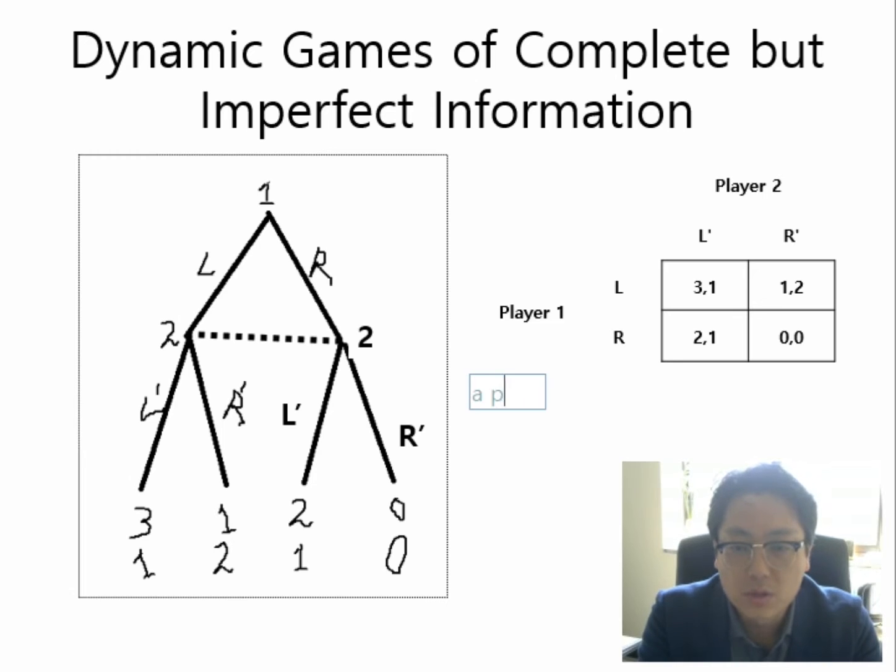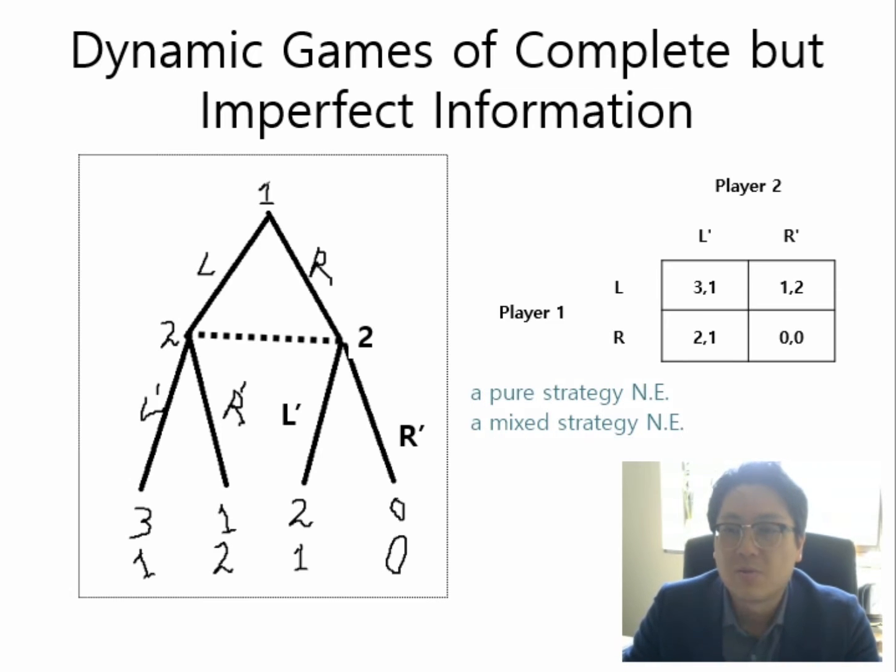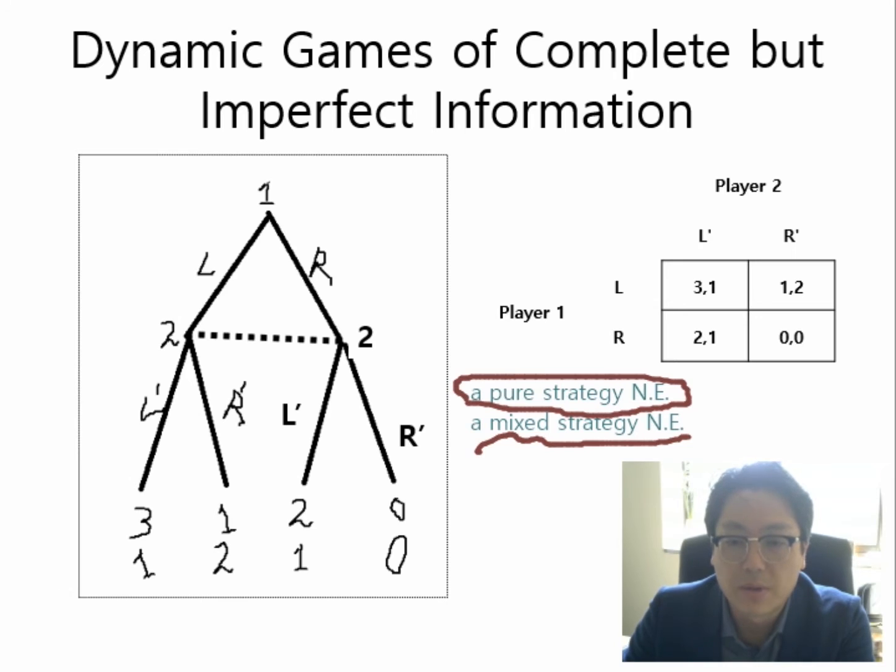One is the pure strategy Nash equilibrium, and the other one is the mixed strategy Nash equilibrium, right? But usually we are focusing on just the pure strategy Nash equilibrium. If we consider a mixed strategy Nash equilibrium, it would be a little bit more complicated. But anyway, at this time we are focusing on pure strategy Nash equilibrium.